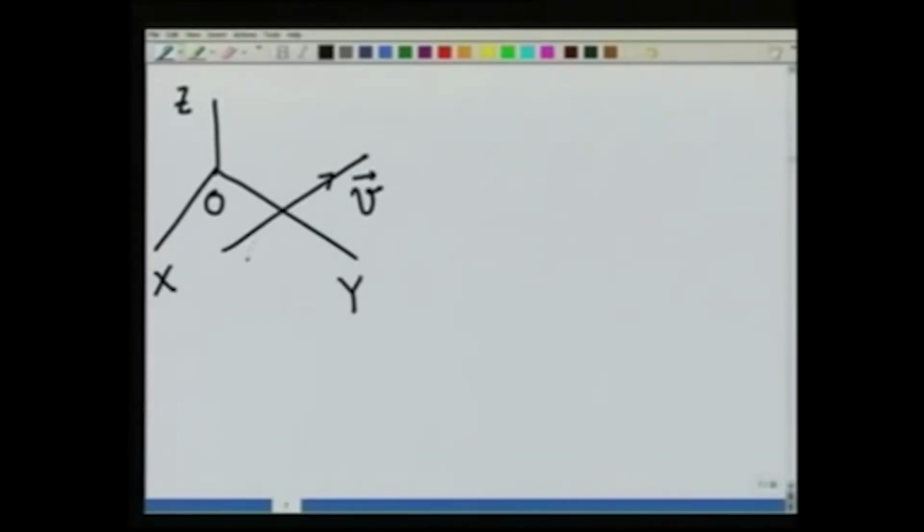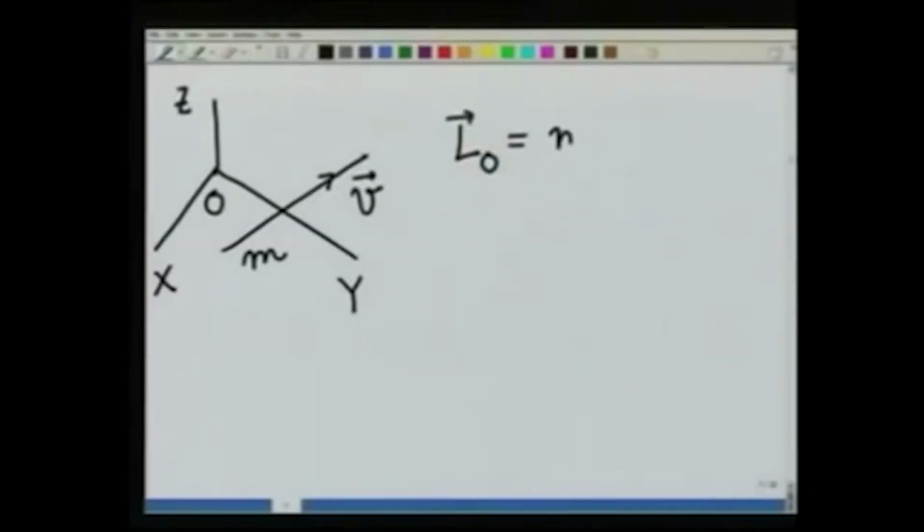Given a single particle moving in coordinates x, y and z with origin at O, suppose there is a particle moving like this with velocity v, its mass is m, then the angular momentum with respect to O, and I emphasize with respect to O because angular momentum happens to be an origin dependent quantity, is given as m r cross v, where r is the displacement of the particle at any given time. This is the definition of angular momentum for a single particle.